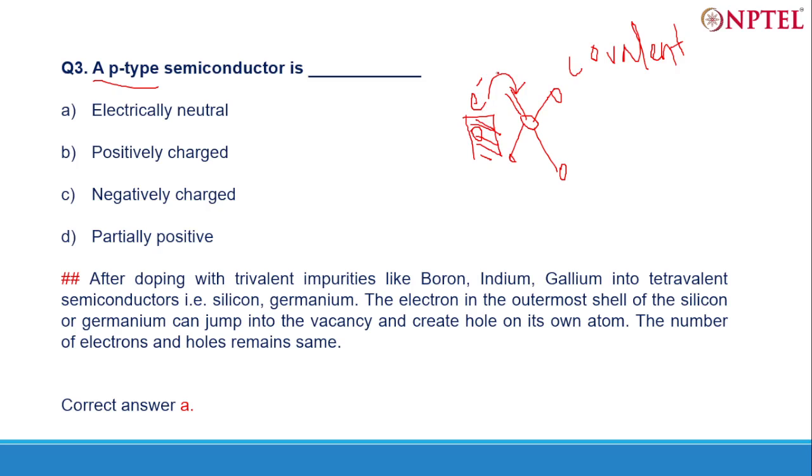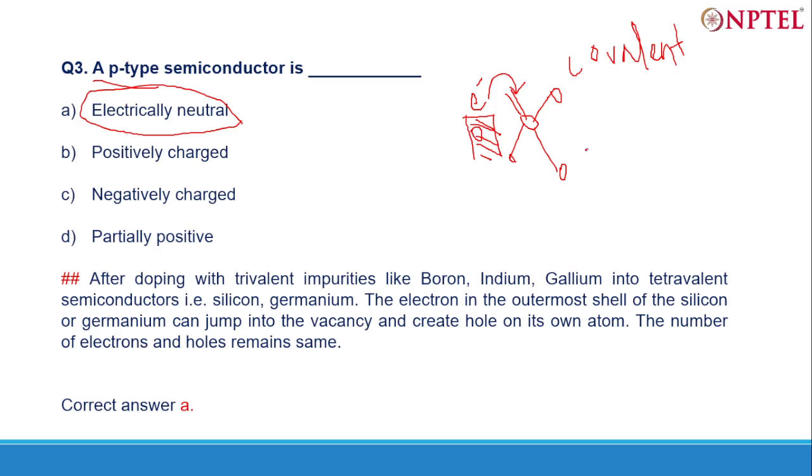Only the electron has been transferred to the impurity for bonding. So the overall charge is conserved. That's why it is electrically neutral. In a p-type semiconductor, remember always, the hole which is formed is primarily responsible for conduction. You always have to keep this in mind.